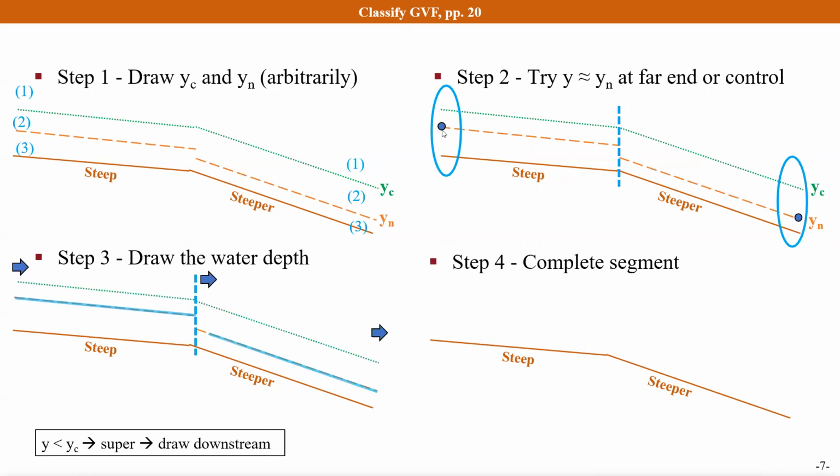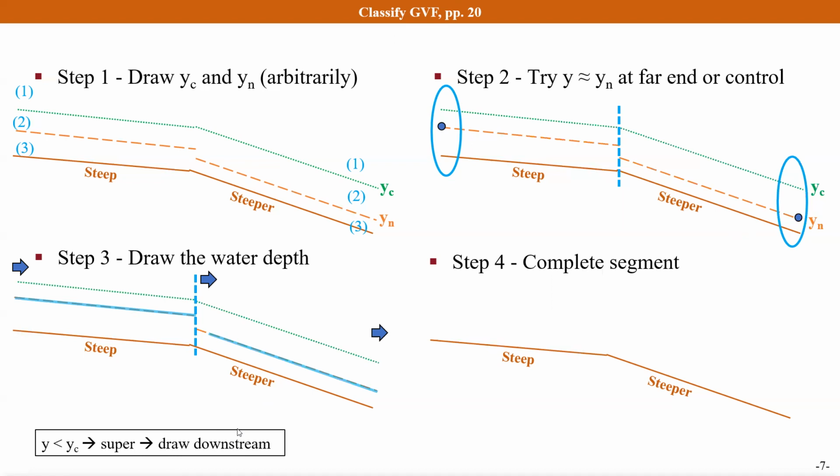Because the elevation of the actual depth, which is represented by the blue dot, is lower than the critical depth, there is supercritical flow in both sections.